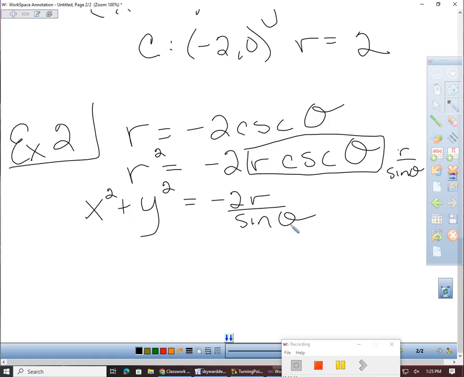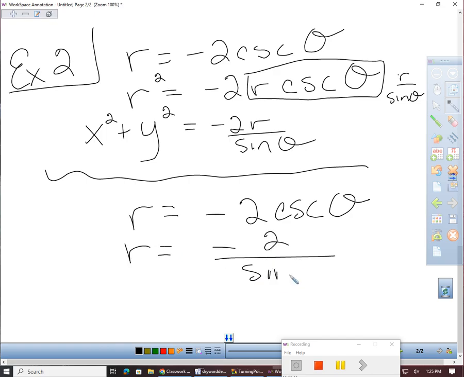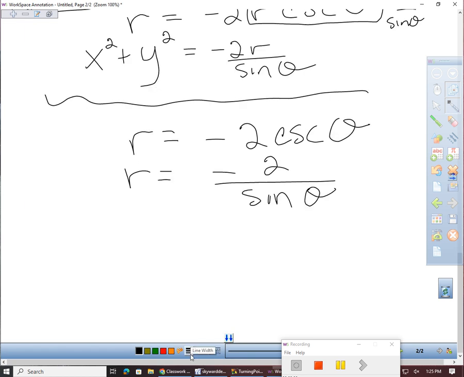Okay. So I'm just going to draw a line. Let's start over. At the very beginning, we have r equals -2 cosecant theta. Let's change that to 1 over sine to begin with. So I have r equals -2 over sine theta. Everybody okay there? I was going to take you a long way. We're just going to make it easier. Because it's not a trig function we have, and sine's now on the bottom, I can multiply that to the other side.